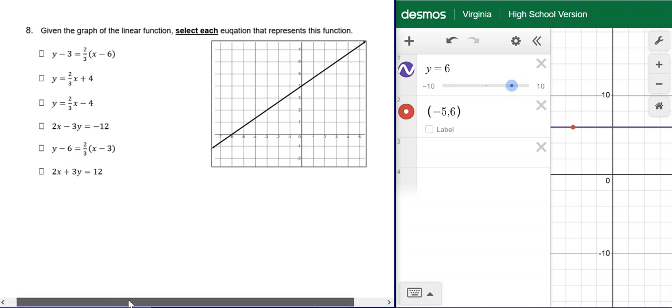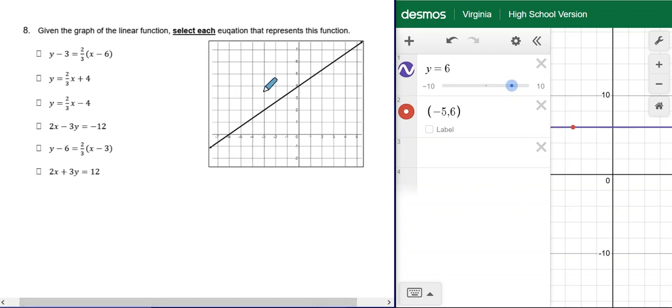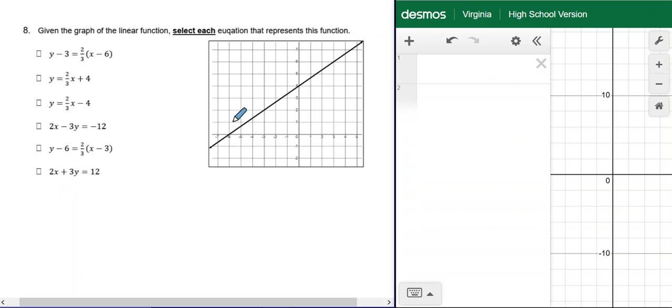All right, number 8. Given the graph of the linear function, select each equation that represents this function. All right, so I have to multiple select. There are many ones I can go through, and instead of me just graphing each one and checking, which I know you know how to do, let me just show you what my starting point to find the equation of a line will always be.